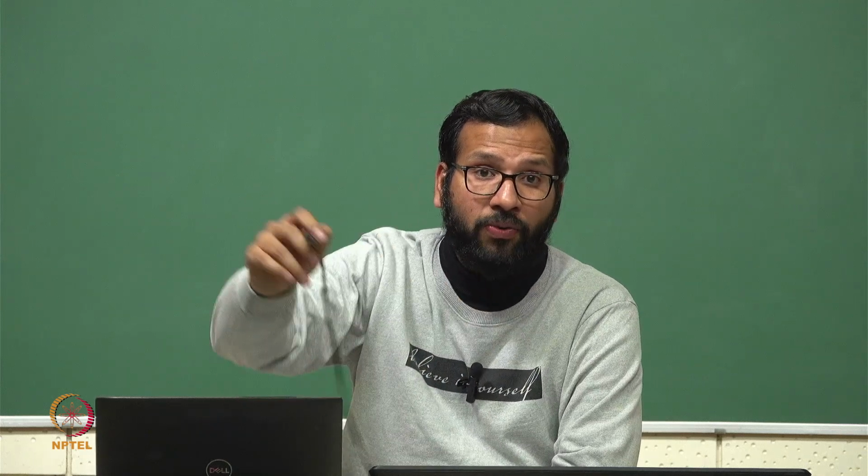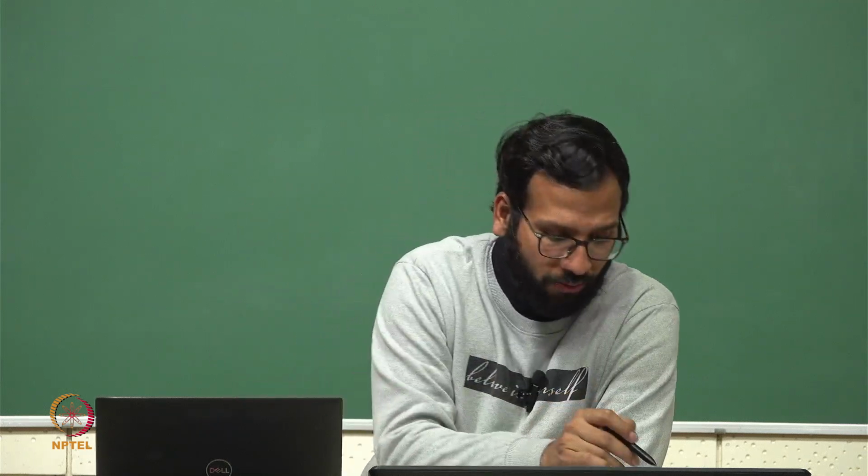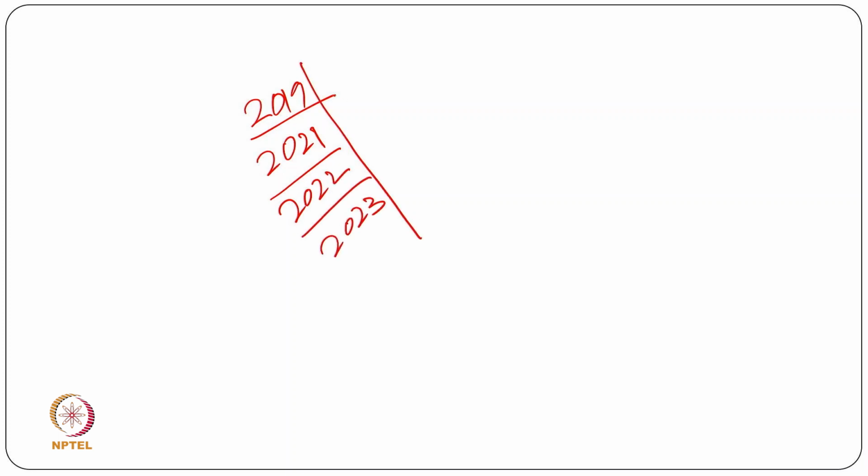To calculate the cumulative frequency manually, what we used to do: for 2019, 2021, 2022, 2023, this is our data set. In 2019 there is one publication, this is one, here is 5, and again this is 1.